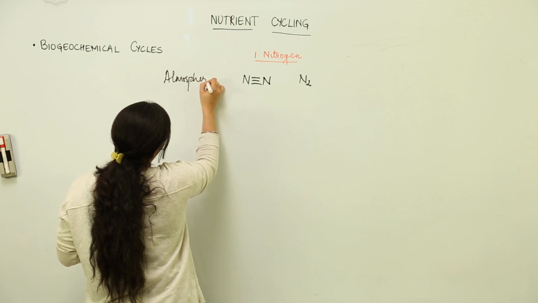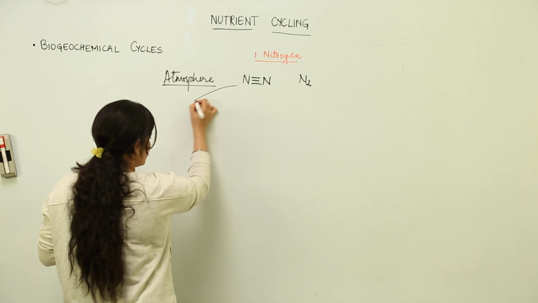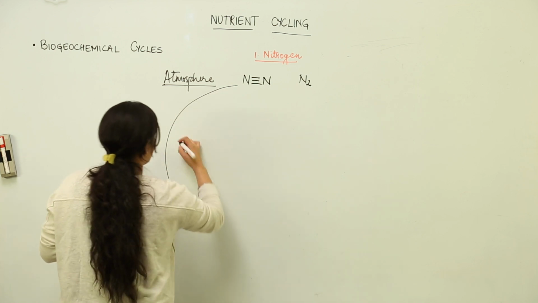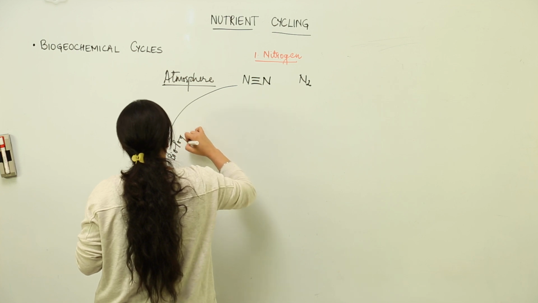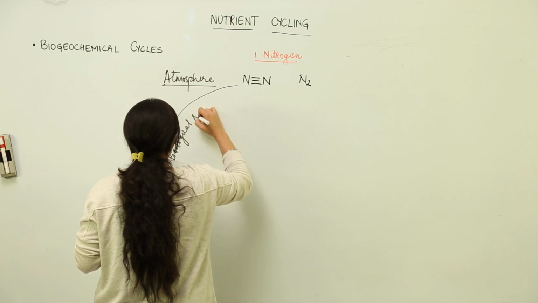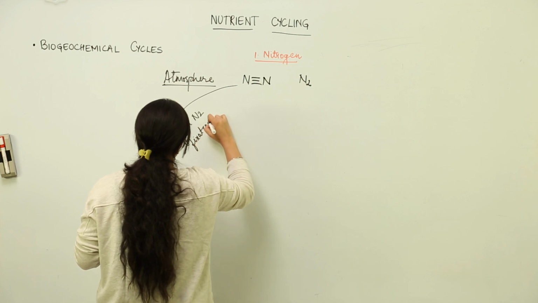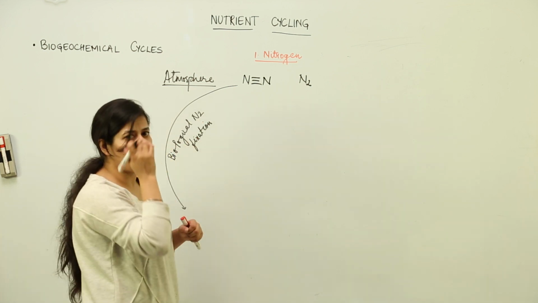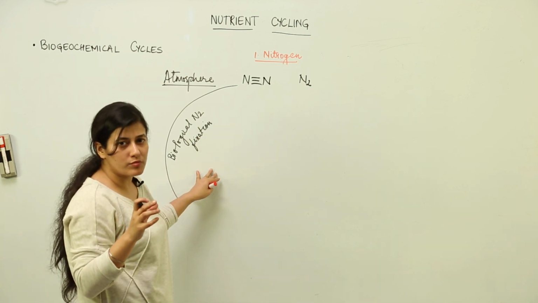This atmospheric nitrogen has to somehow reach the soil. It reaches the soil by the process of biological N2 fixation, which we study under nitrogen fixation by plants, where we study how root nodules are formed in legumes.